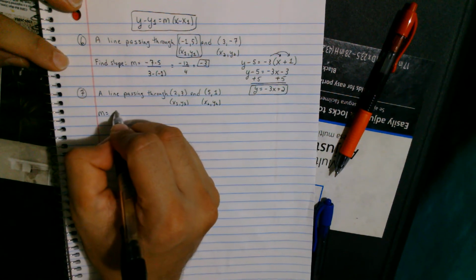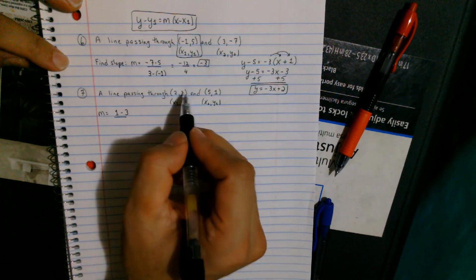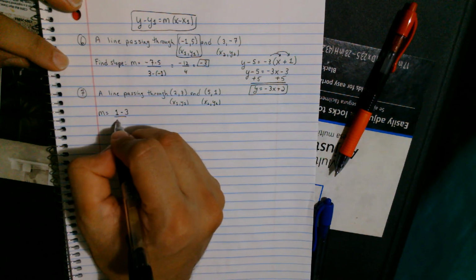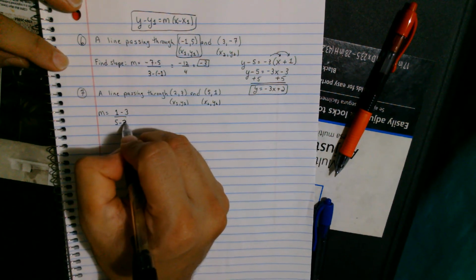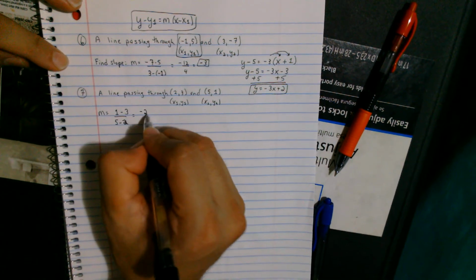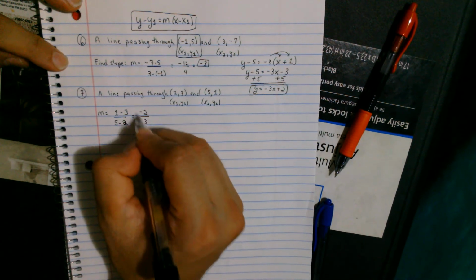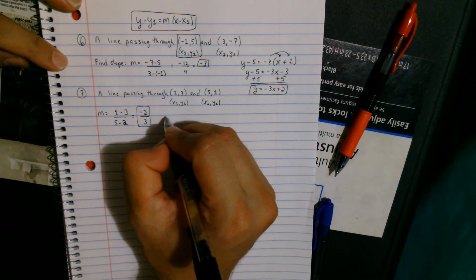Your slope: second y minus your first y, 1 minus 3, divided by the second x minus the first x, 5 minus 2. So this is negative 2 on top, a positive 3 on the bottom. So negative 2/3 is your slope.